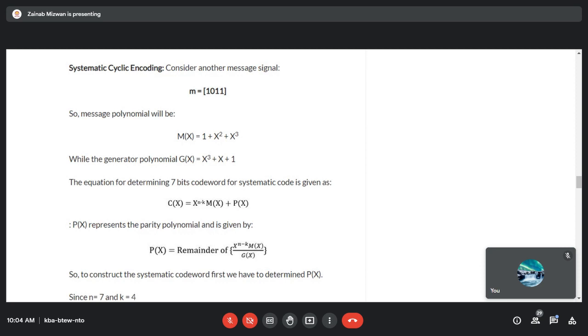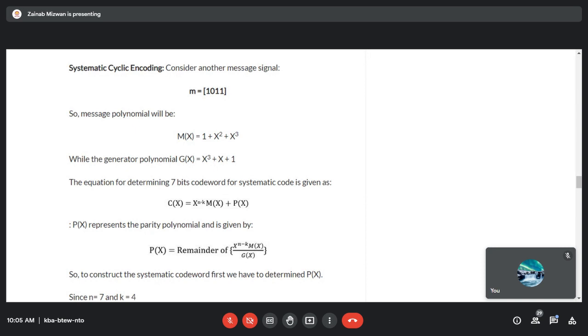Second, divide the product. कौन सा product है? Divide the product x raised to n minus k m of x by generator polynomial, that is by g of x. Okay.